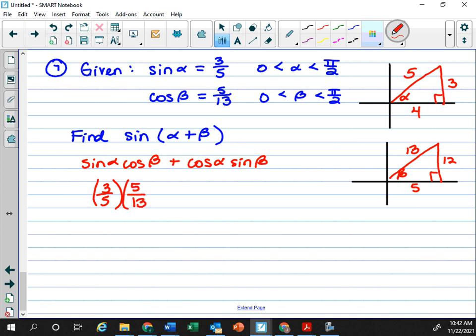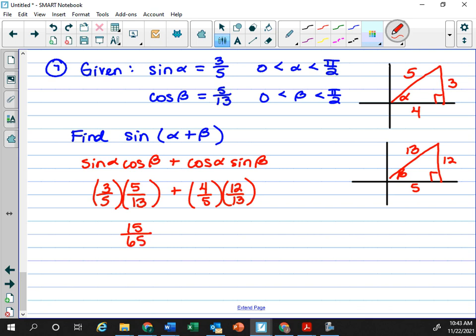Good. Plus cosine of alpha. Good. Sine of beta. You could do some reducing in that first little multiplication problem, but I'm not going to because I want to keep the common denominator so I can add these together. So 3 times 5 is over, what's 5 times 13? 65.